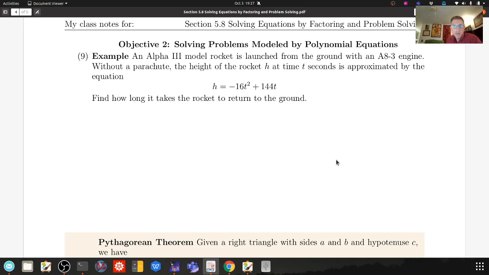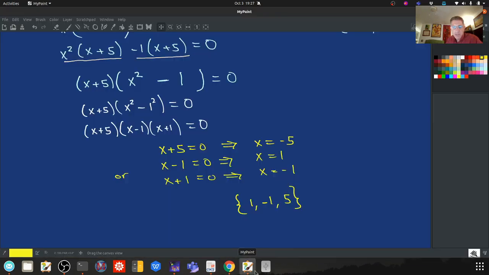Without a parachute, the height of the rocket, h stands for height, at time t, where t stands for seconds, is approximated by the equation h is equal to minus 16t squared plus 144t. Find out how long it takes the rocket to hit the ground.